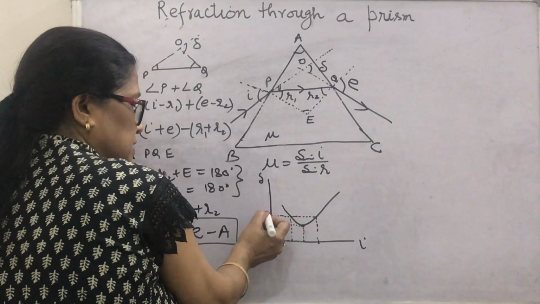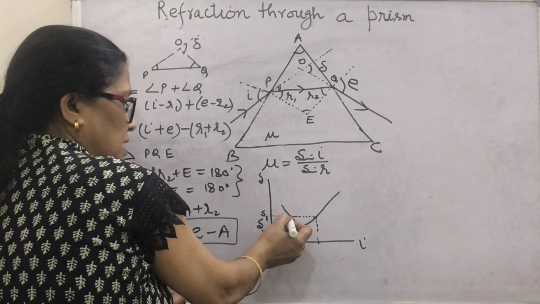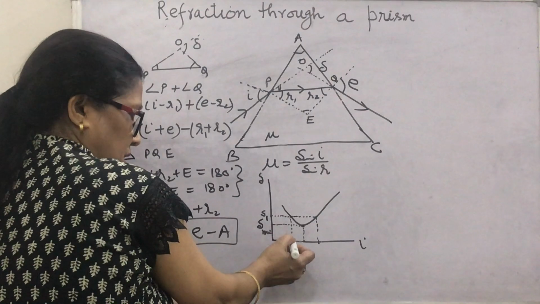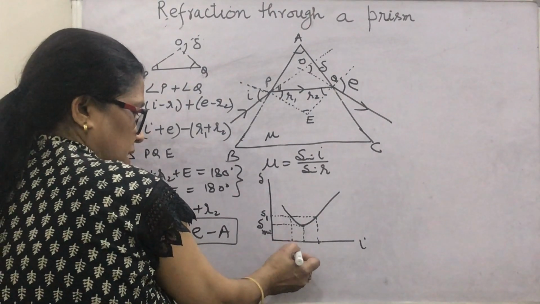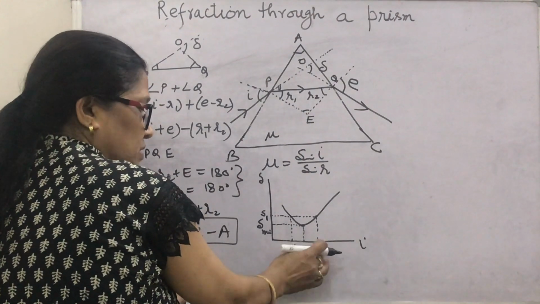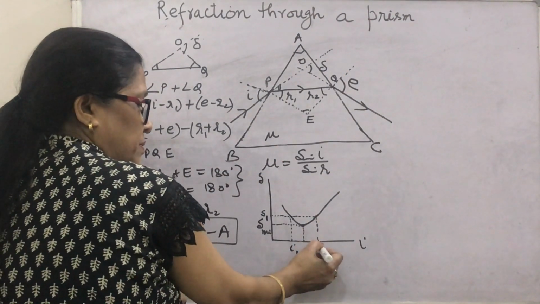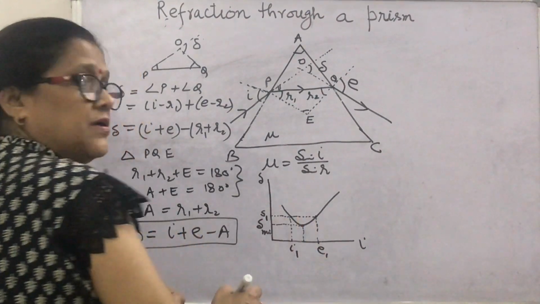Look, this is the angle of deviation, suppose delta 1. You will find this is angle I1, suppose I write here, then this is another angle, and what is this angle? This is E. You can write here, this will be the angle of emergence E1.